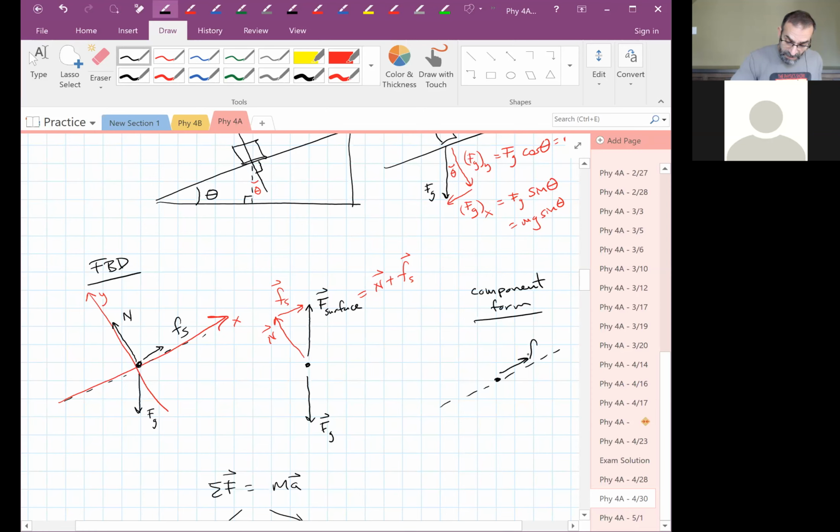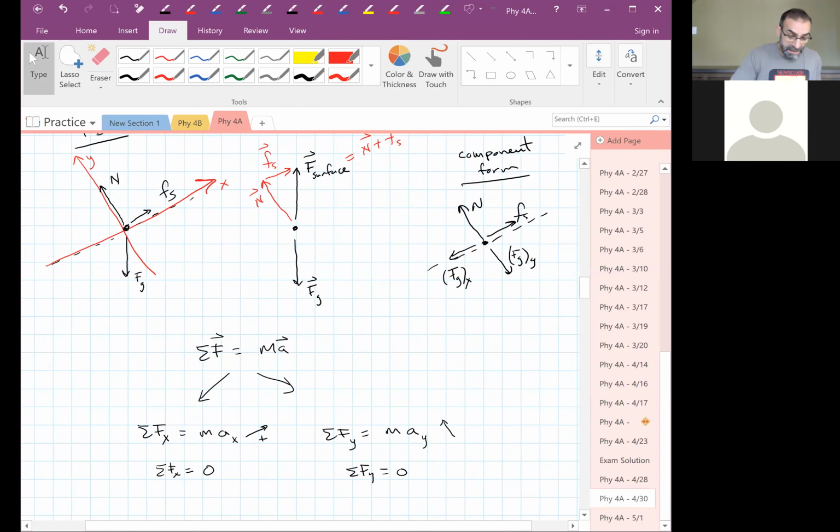I've got my static friction and my normal force and my force of gravity in the y direction and my force of gravity in the x direction. I guess I should use capital F since that's what I always use. Okay, so that's what my free body diagram looks like after I break up the forces.